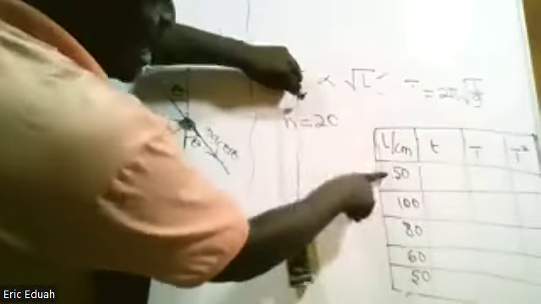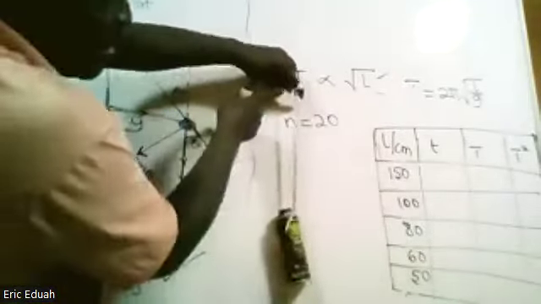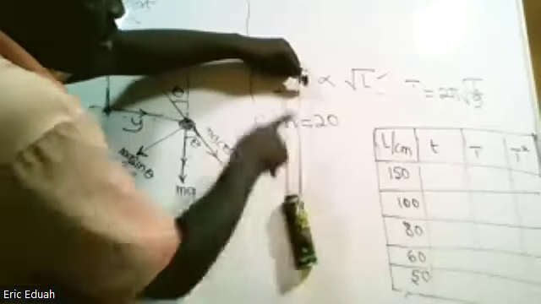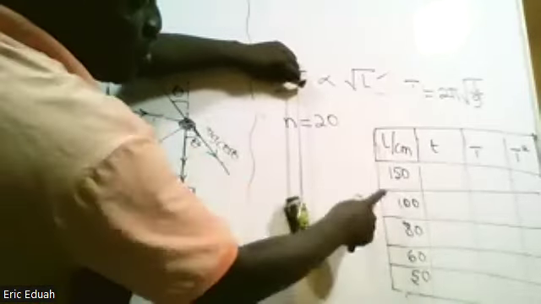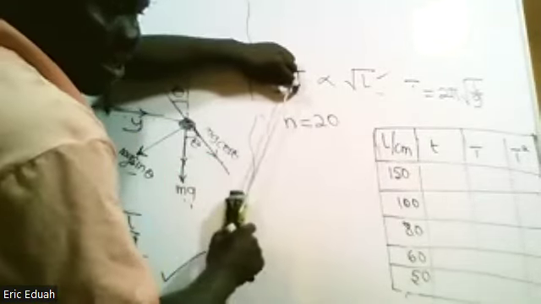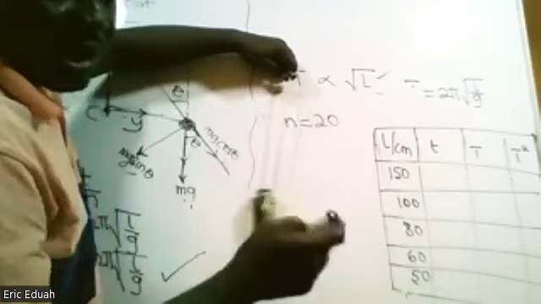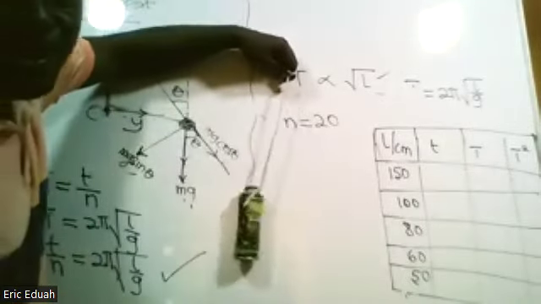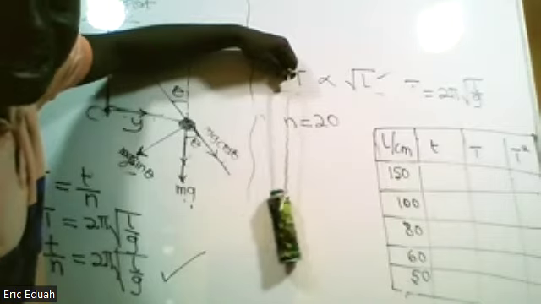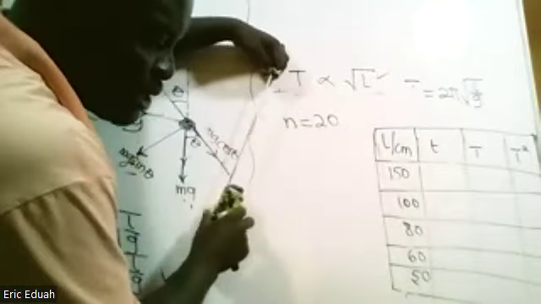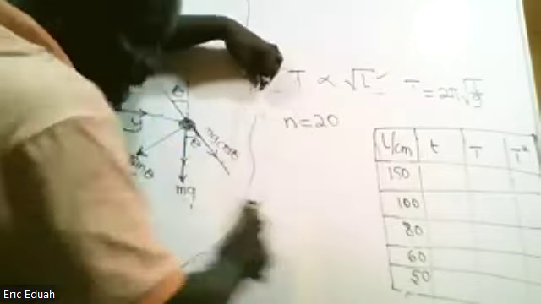You measure starting with 150 from the middle of this ball or body to where my hand is. You measure a distance of 150. Then you displace this and then count and time for 20 oscillations. A complete oscillation, when you displace it, it must go and come.